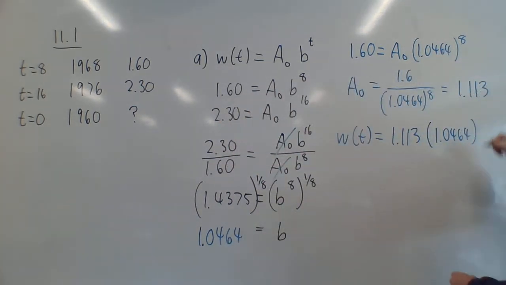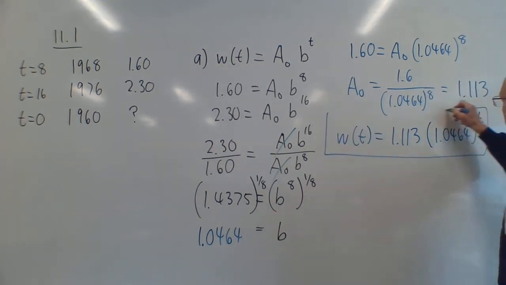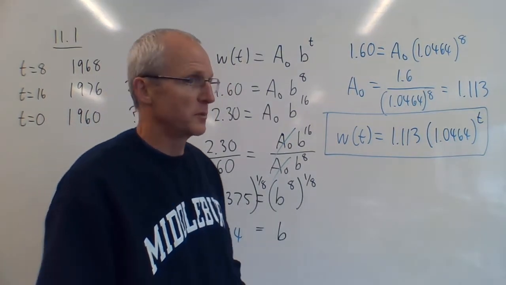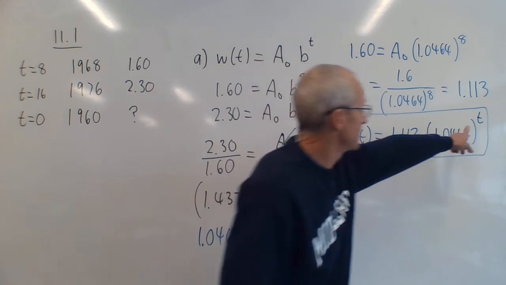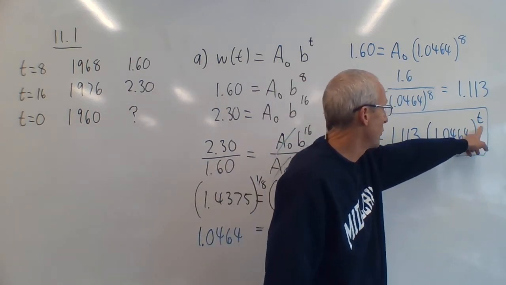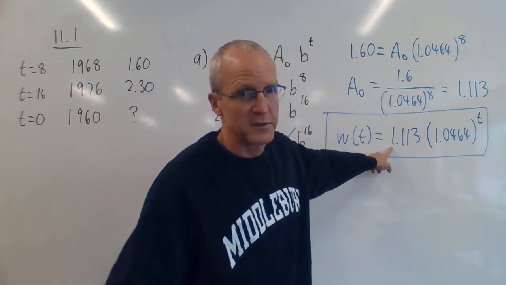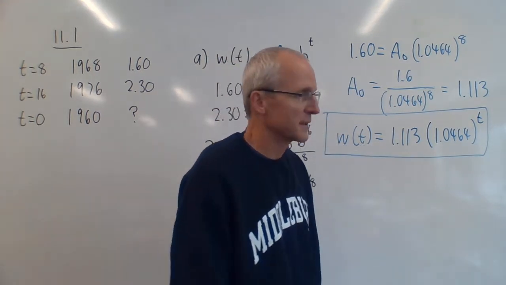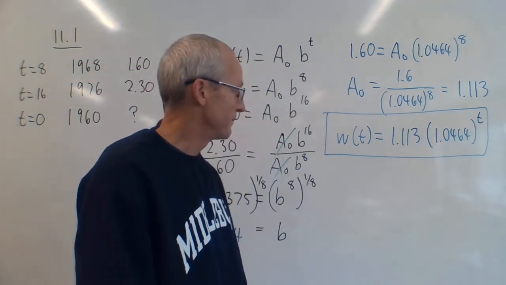So that formula is good for any time, assuming t0 is 1960, right? If we plug in t equals 0, anything to the 0 power is 1. So in 1960, the minimum wage, according to this model, who knows if it's right, would have been $1.11 per hour.